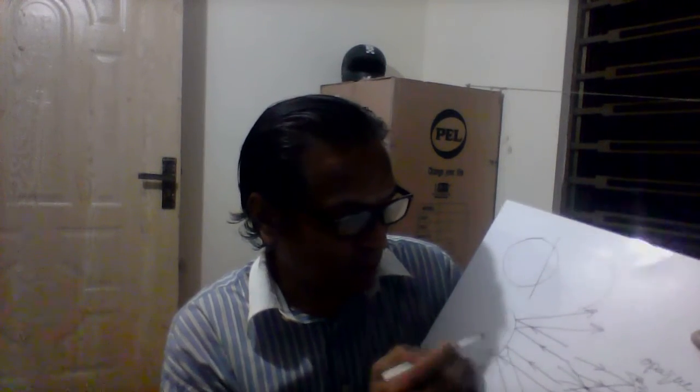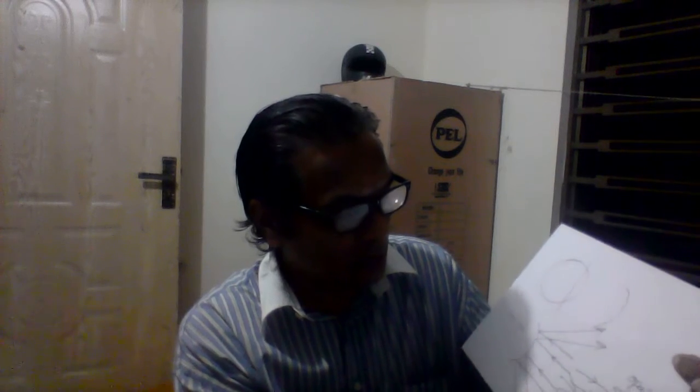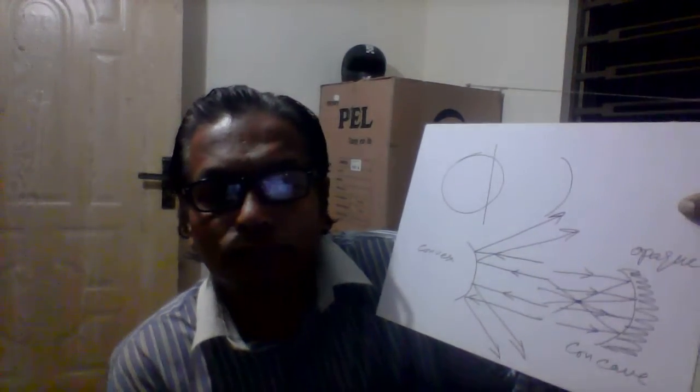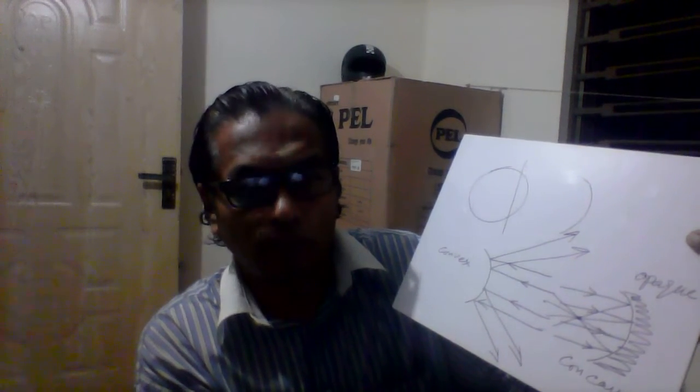So we have two types. Number one, convex spherical mirror, and number two, concave spherical mirror. Convex spherical mirror and concave spherical mirror.